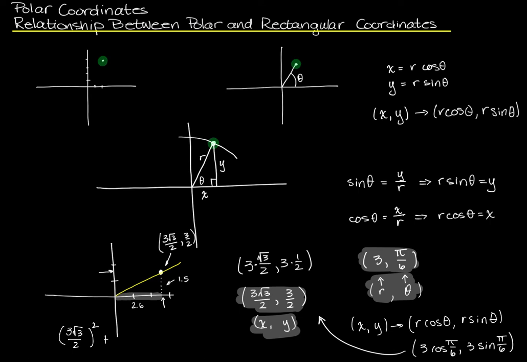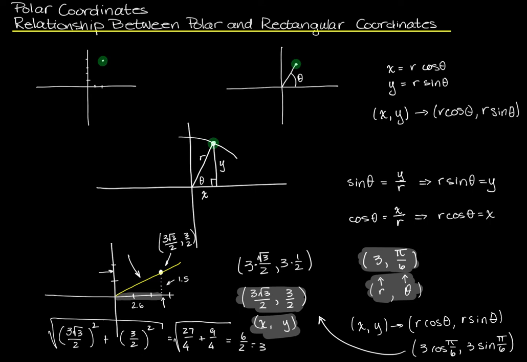If I square that and add it to my y, just 3 halves squared, then take the square root of that, I should get this third side, the hypotenuse. Well, 3 root 3 over 2 squared is 27 over 4. I'm ultimately going to take the square root of this, plus 9 over 4. And sure enough, this is 36 over 4. The square root of that is 6 halves, which is 3.